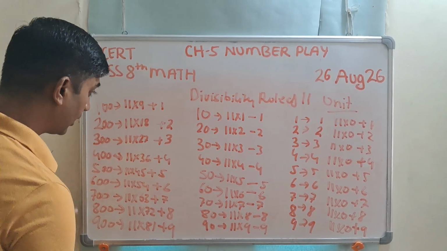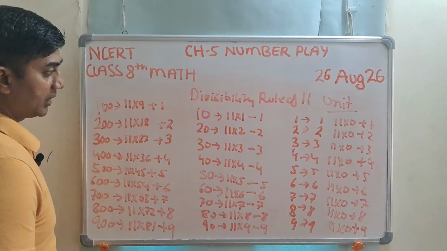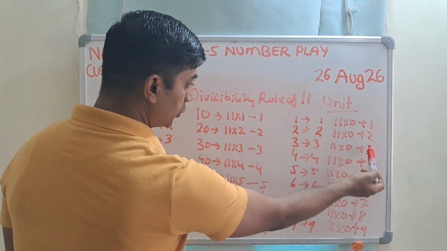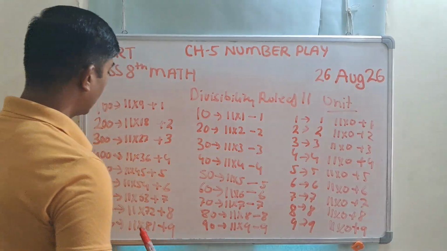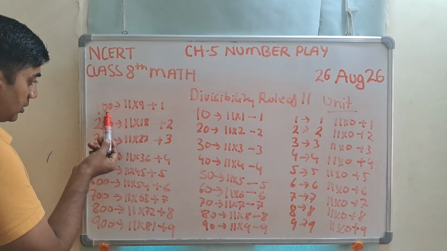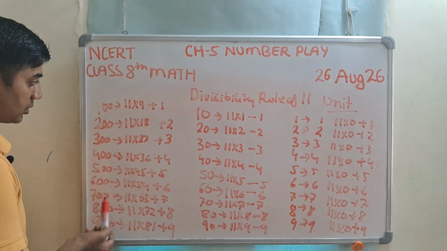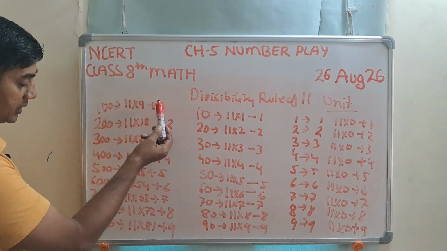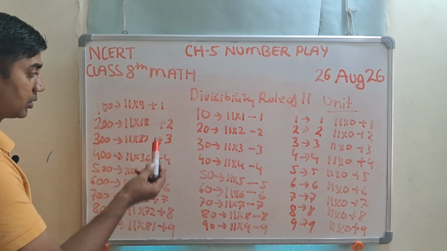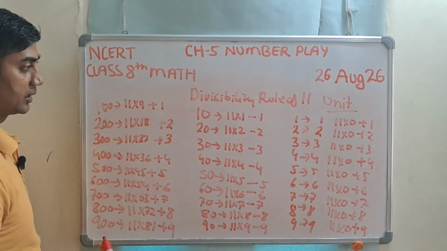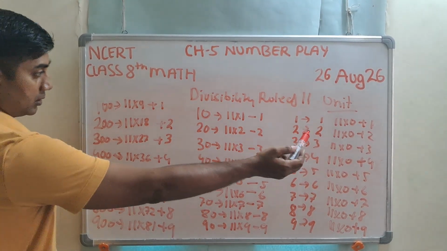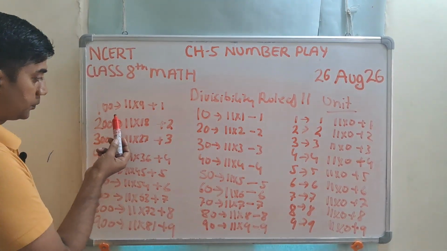Now what you will see, that at unit place you have to add 1 2 3 4 5 6 7 8 9. At 100 place you have to add 1 2 3 4 5 6 7 8 9. These are the remainders. Understood? These are the remainders, in case of unit place and in case of 100 place.